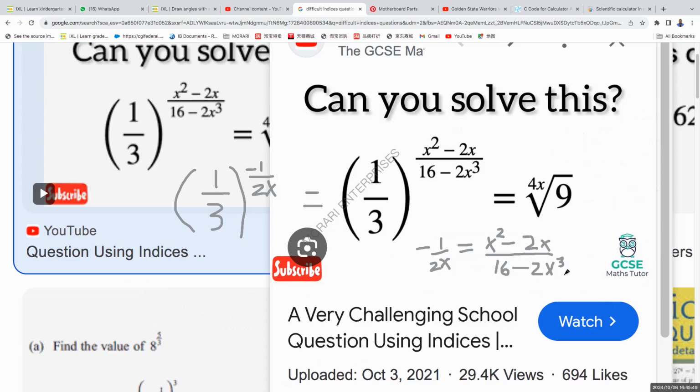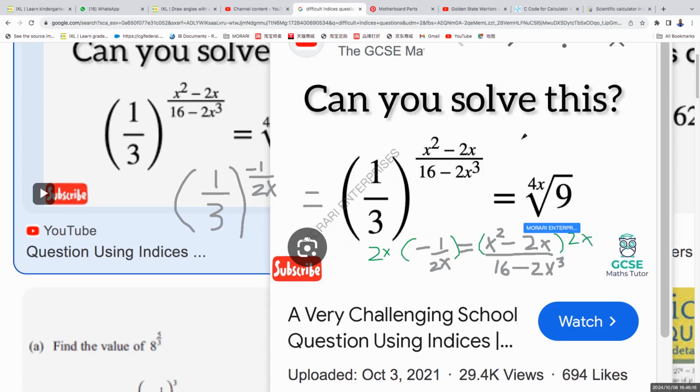In this case, we can multiply both sides by 2x, or you can even multiply both sides by negative 2x, it all depends. Because we want to remove this 2x from the bottom, you just multiply both sides by 2x. So it's like a balance.